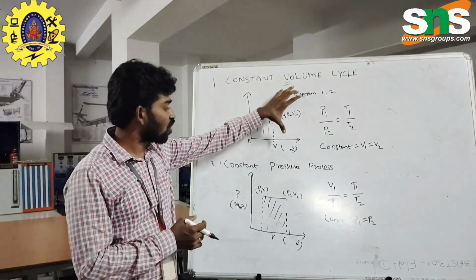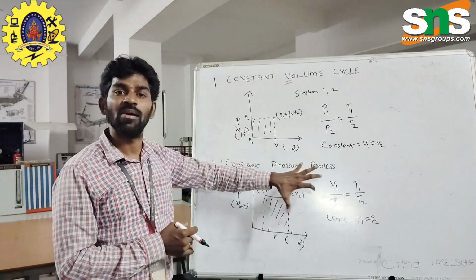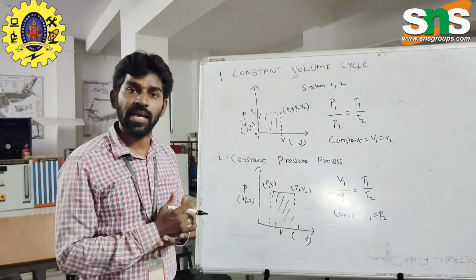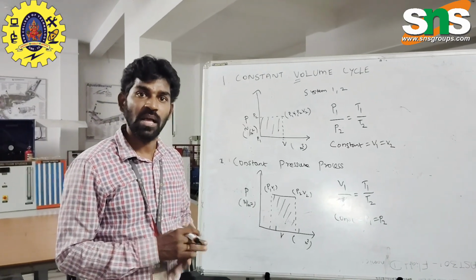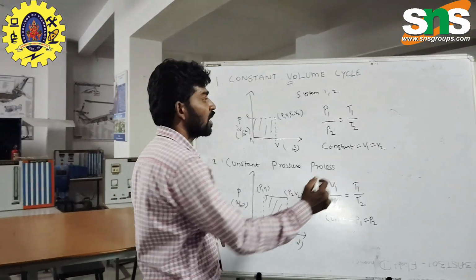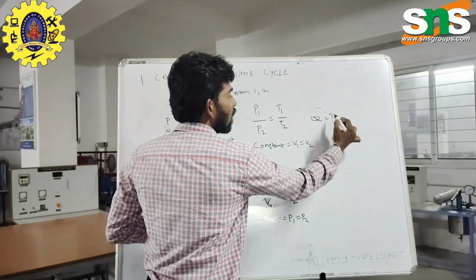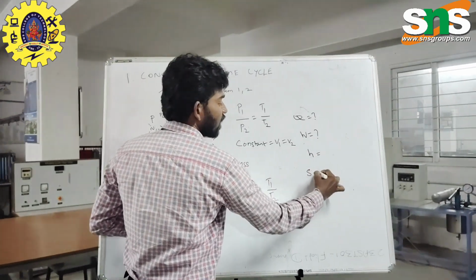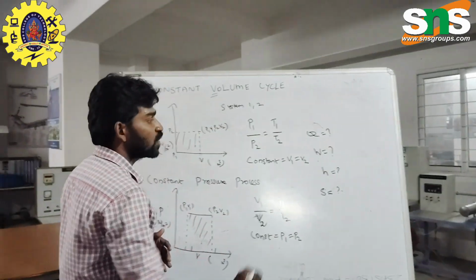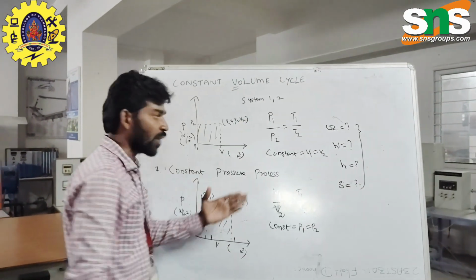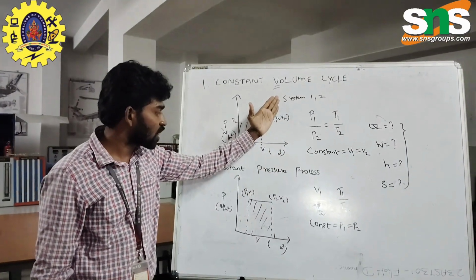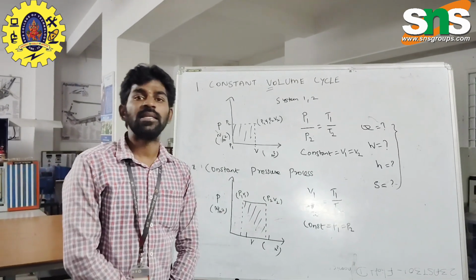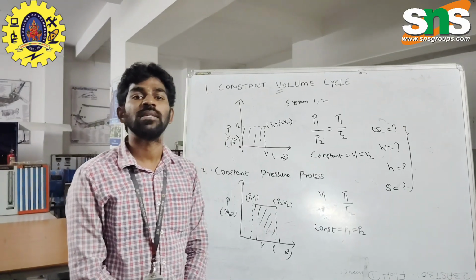In the constant volume cycle and the constant pressure cycle, we need to find any given values like pressure, volume or temperature. Additionally, we need to find the heat transfer value Q, work done, enthalpy H and entropy S. These four properties we need to find for the constant volume and constant pressure cycle processes. This comes under the category of closed system.